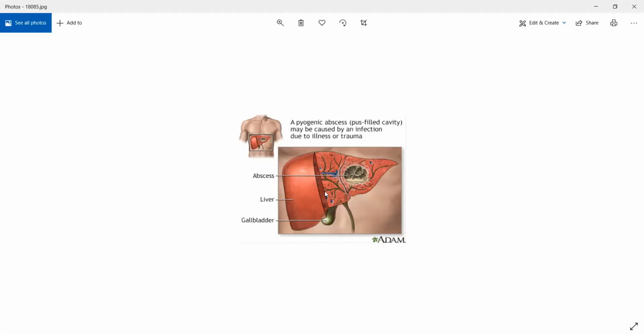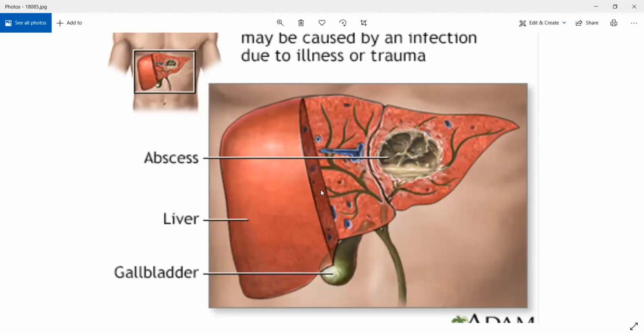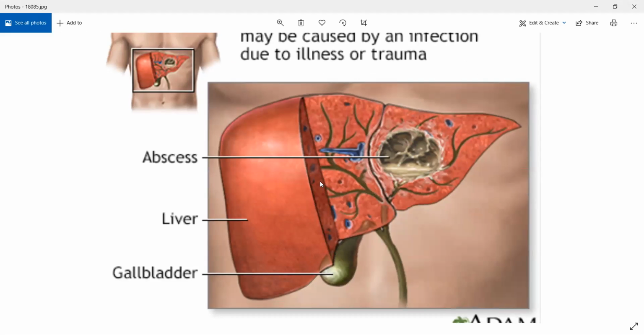That is one way through which pyogenic liver abscess will occur. It is ascending through the biliary tract, it is going to your liver, then in the liver it is causing an abscess. Once again, I'll show you how an abscess looks. See, this is how a pyogenic abscess looks. Essentially, in the first scenario, it is going up the biliary tract and into the liver where it is causing significant trauma where there is pouching, and in that pouch you will see pus being accumulated inside.